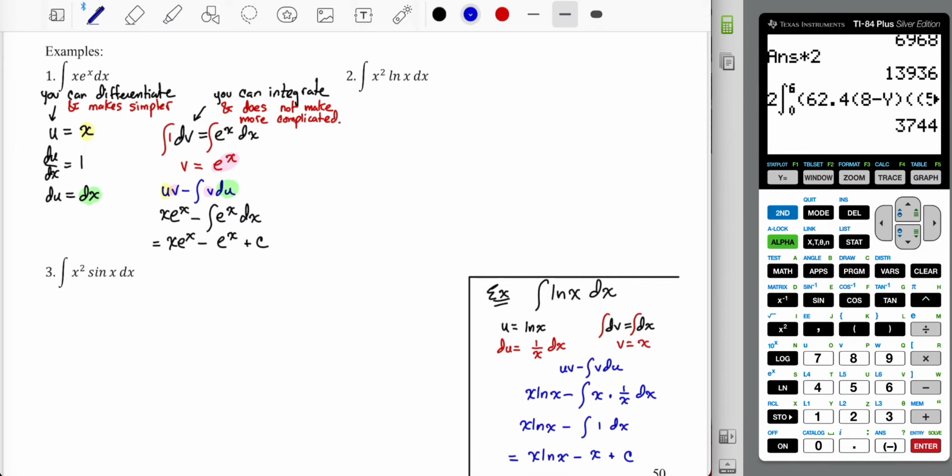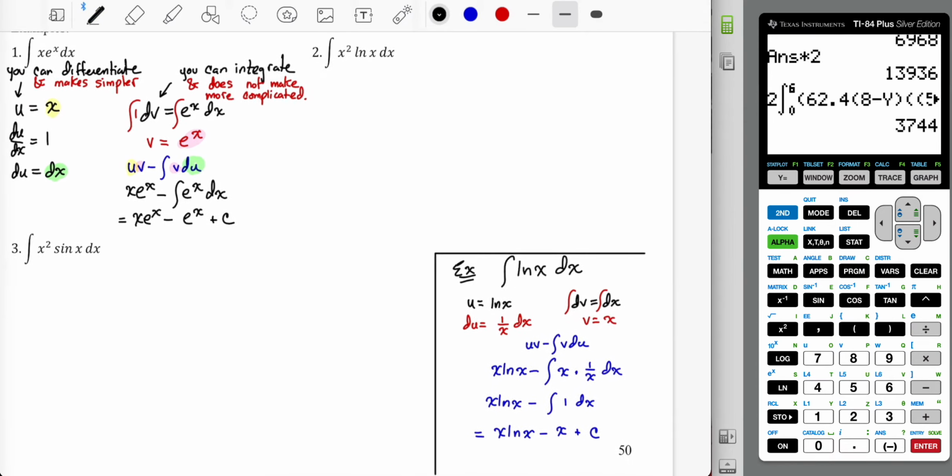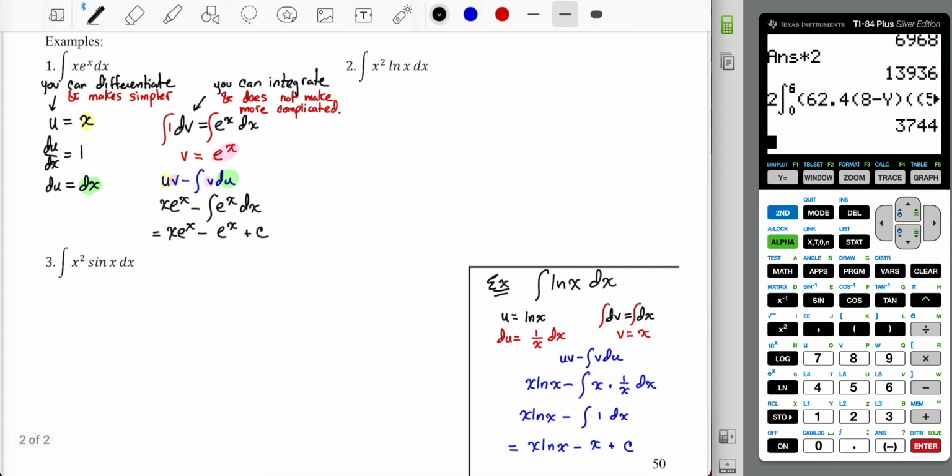So with that in mind, I can look at number 2 and say, all right, I've got to select a u and I've got to select a dv. The u, again, should be something that I can differentiate and that will make the problem simpler. The dv is something that I can integrate and not make things more complicated.